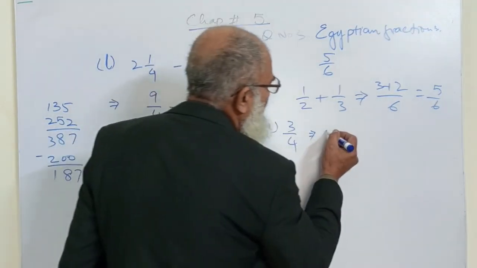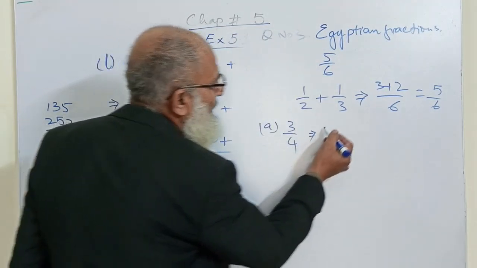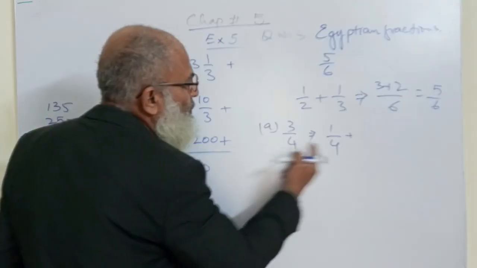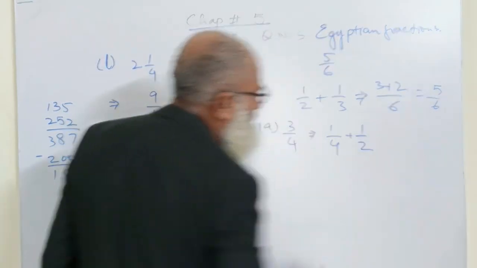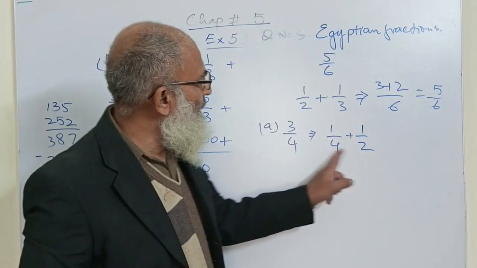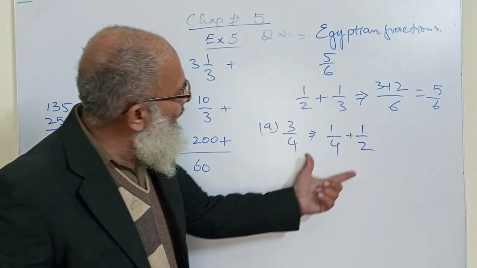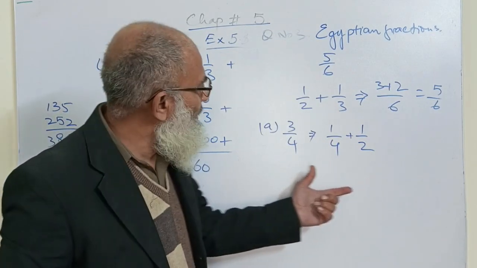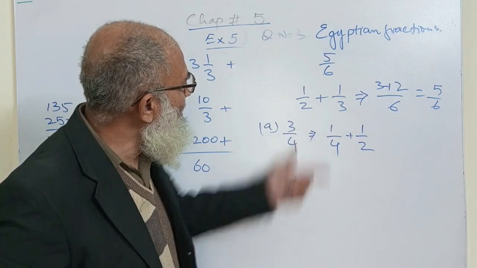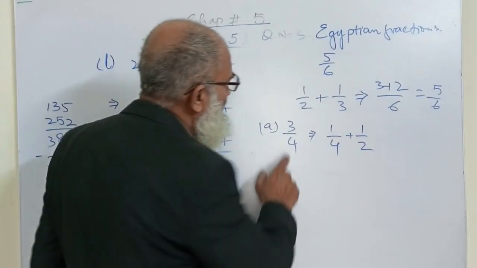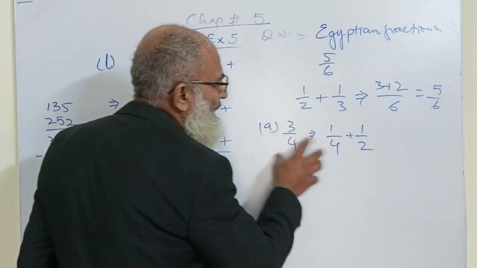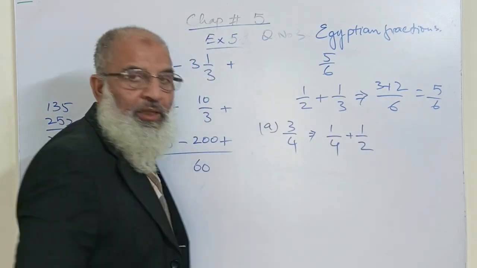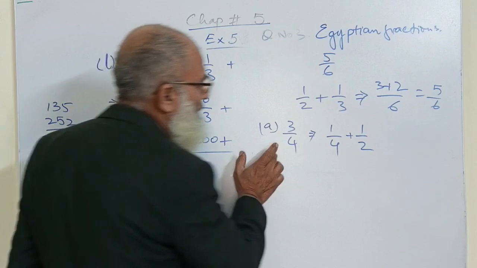How? 1 upon 4 plus 1 upon 2. If I solve this question, you'll see that this result will come. My dear students, now these are the Egyptian fractions for this fraction.